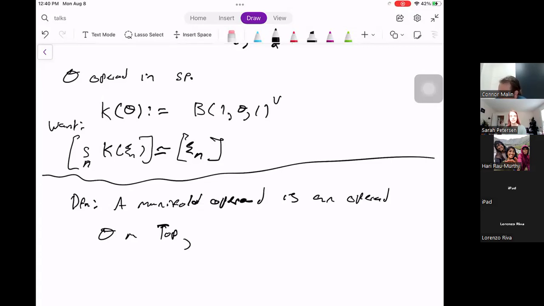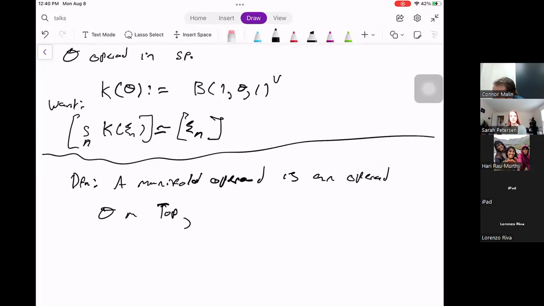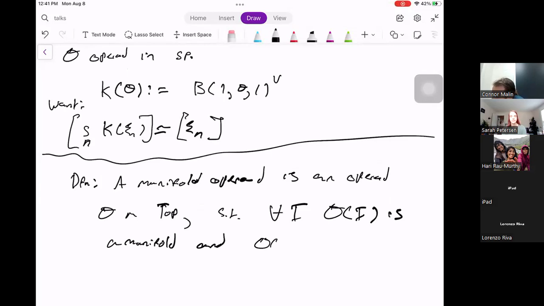A manifold operad is an operad O in spaces such that for all finite sets I, O(I) is a manifold without boundary, and the partial composites are codimension 0 embeddings.